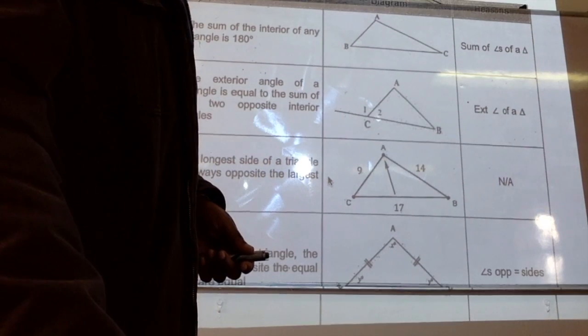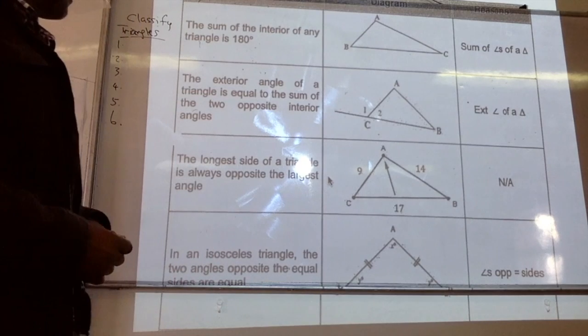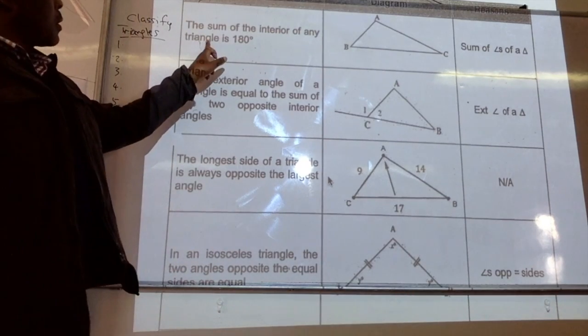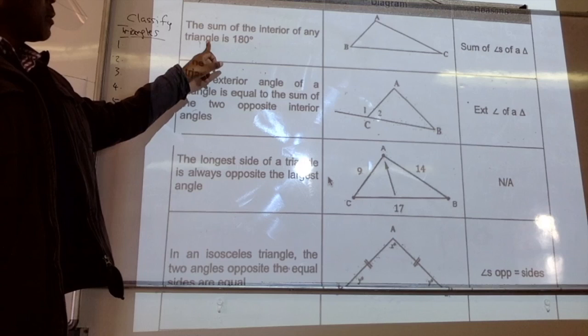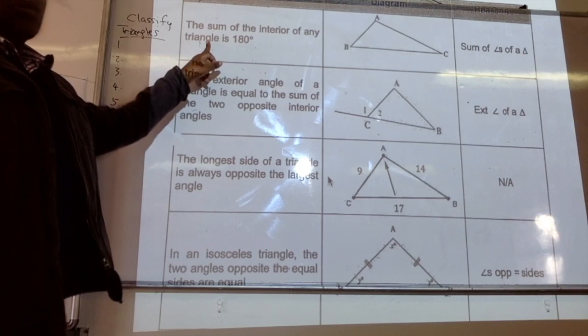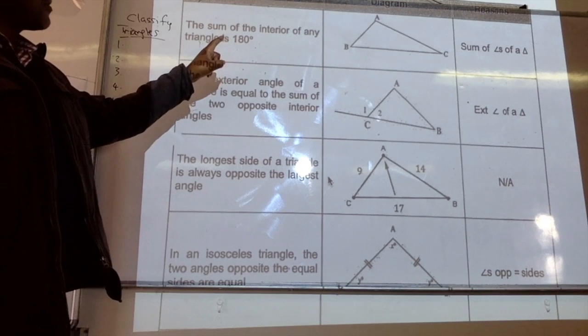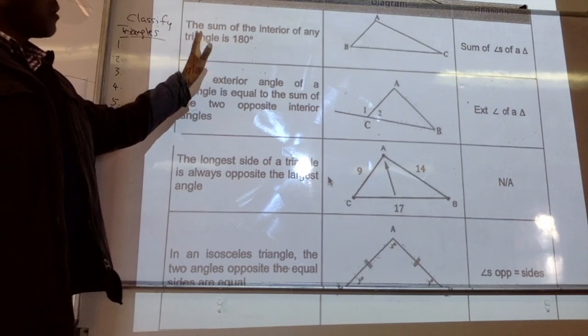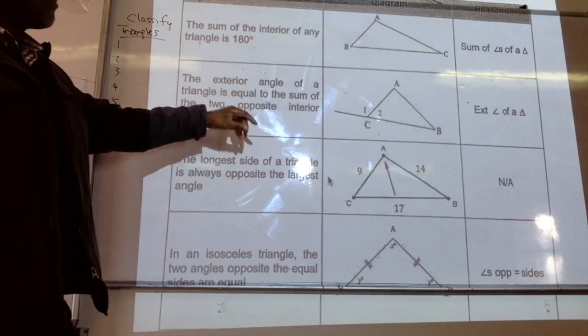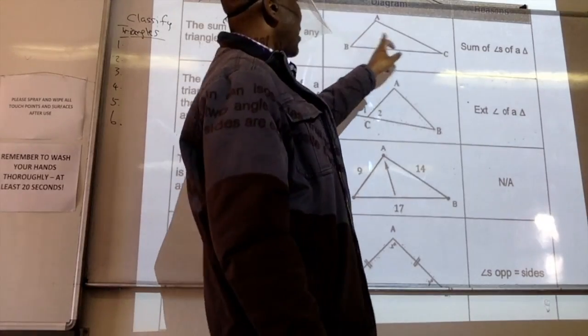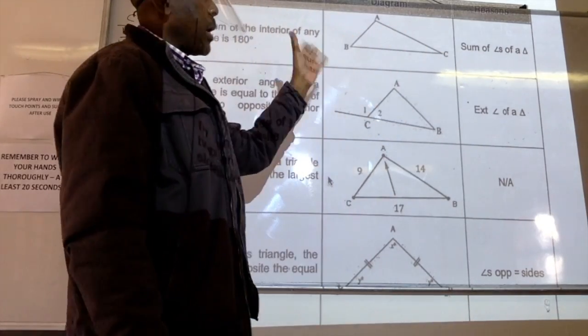Then for the properties of the triangles, this one should be very popular. We have been using it already. The sum of the interior angles of any triangle should be 180 degrees, which means angle A plus angle B plus angle C should give us 180 degrees.